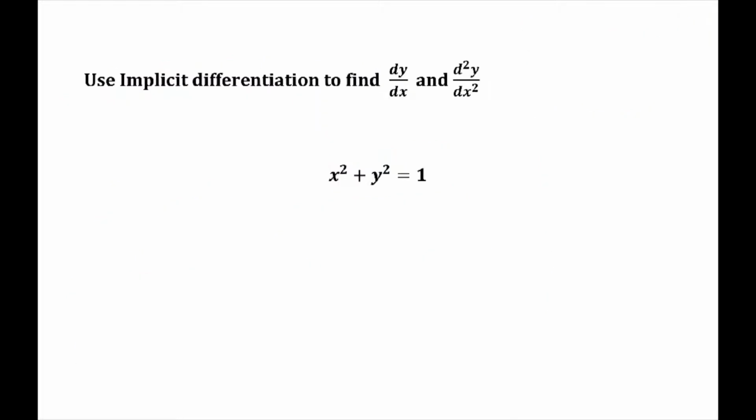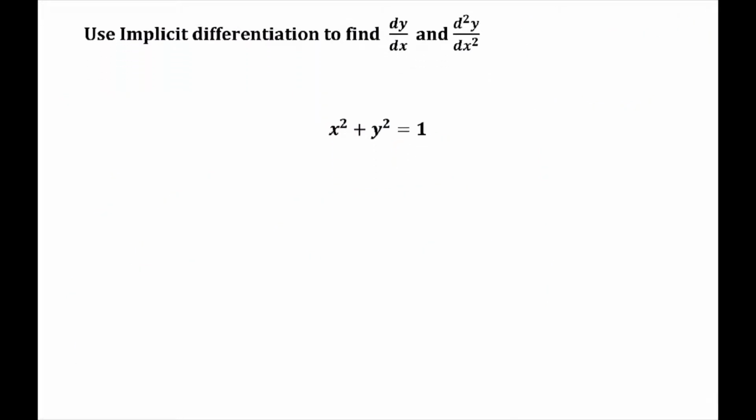Okay, now let's try to find here implicitly the first and second derivative. Well, let's try the first derivative. So for the first derivative, I'm going to differentiate this one and this one. So the derivative of x squared is 2x.